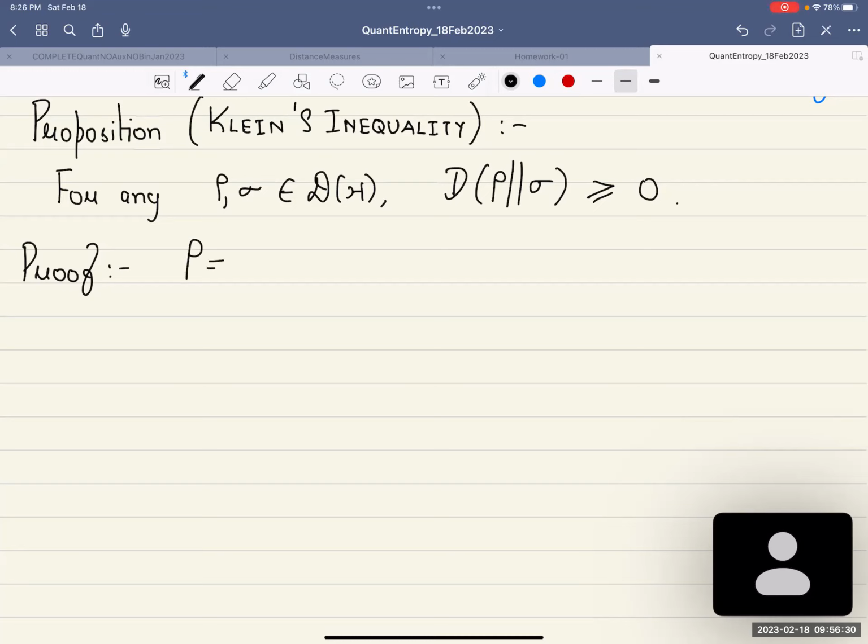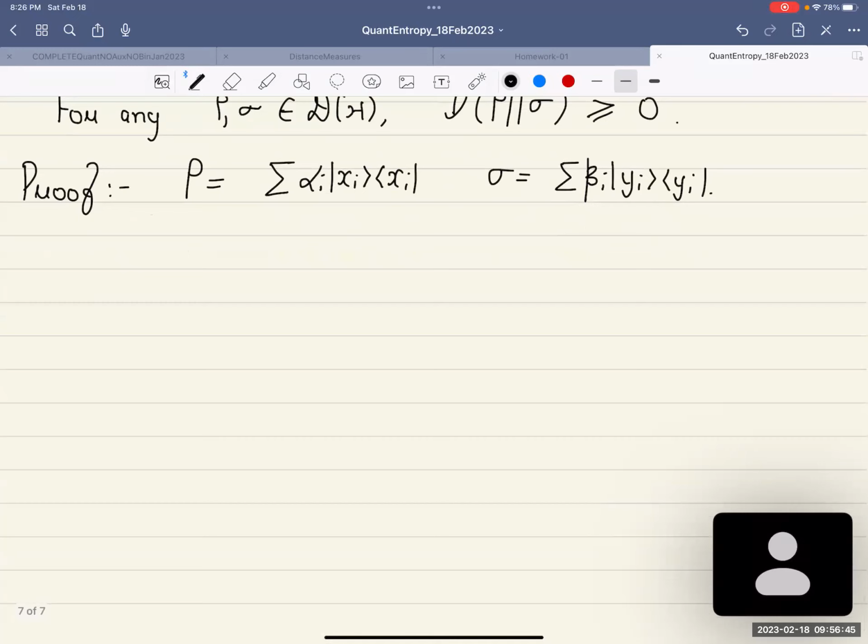Let's do it. It's not a big deal. I'll just use some simple notation. Rho is the sum of alpha i times xi, sigma is the sum of beta j times yj. So rho log rho minus rho log sigma. Not going to do the gory stuff.